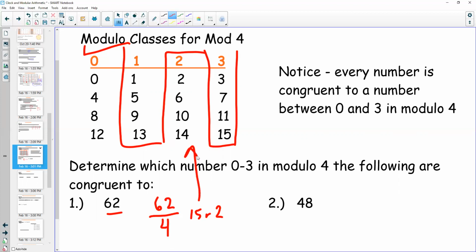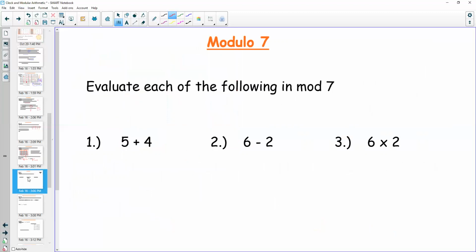So it's going to be congruent to 2. 48 divided by 4 goes in evenly. It's 12 remainder 0. So 48 is going to be congruent to 0. See, it's not that bad. It's just a little weird.